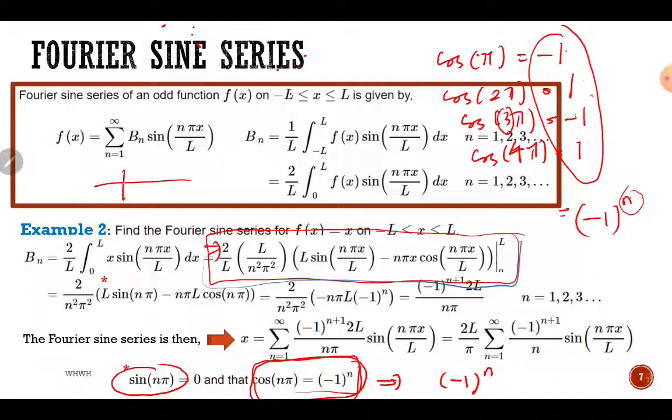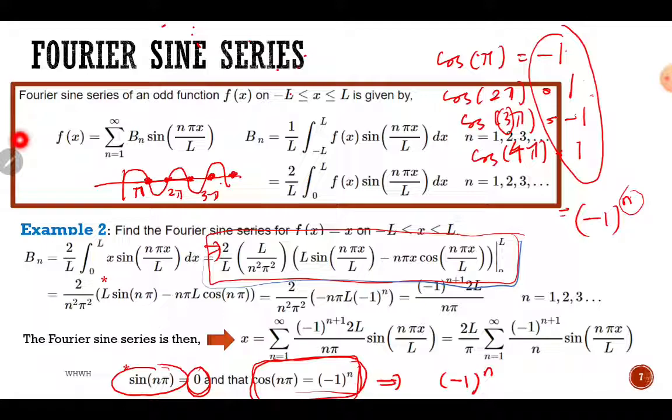Sebab, kalau you tengok graf sine function kan, yang potong x-axis ni adalah bila pi. Bila it is in n pi ni, sin pi, sin 2 pi, sin 3 pi, sin 4 pi, sin 5 pi. So, bila it is an integer number of pi for sine function, it will equals to 0.